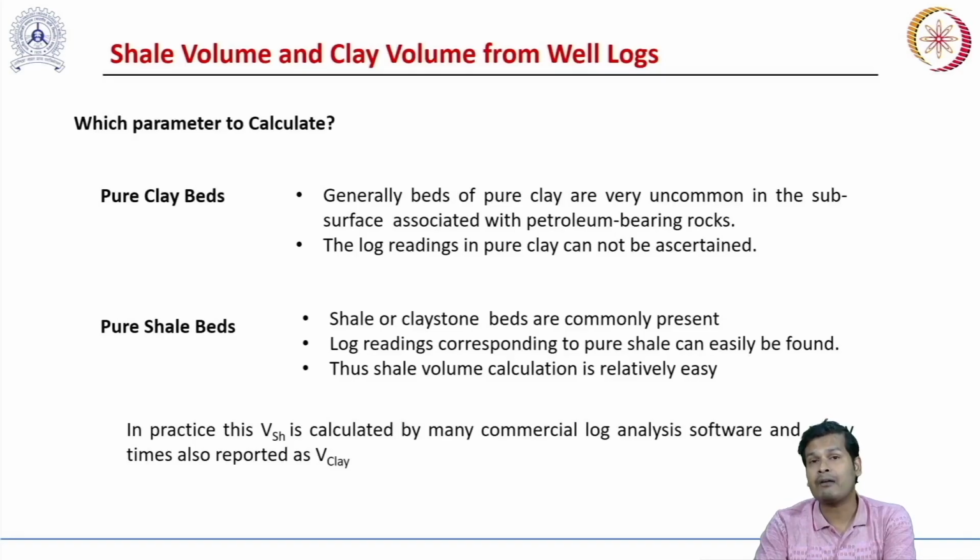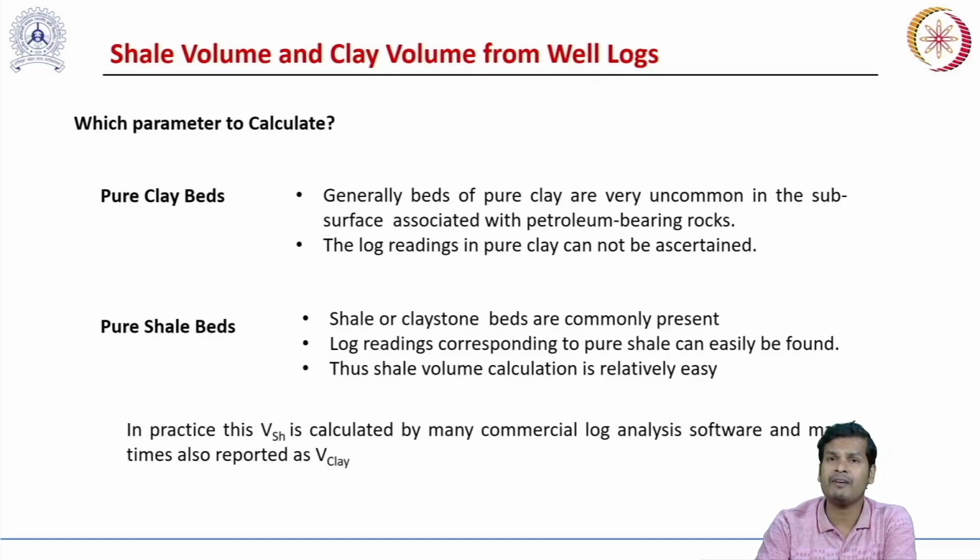So if I calculate shale volume, I am not actually detecting the hydrogen content in a true manner, because the hydrogen is only inside the clay. I may be able to estimate how much hydrogen is there if I know the clay volume.